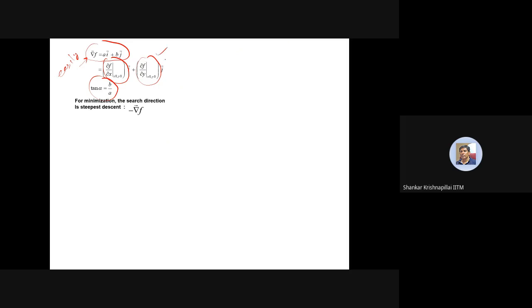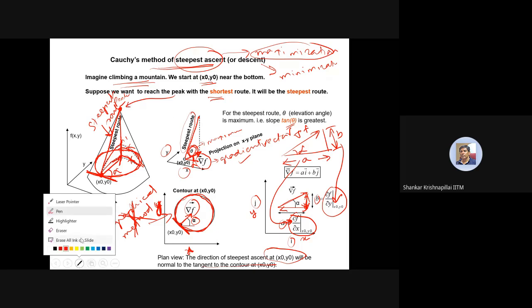So this is for steepest ascent. For minimization, you have to have steepest descent, so you have to climb down. So this is steepest ascent, and del f will look like this.